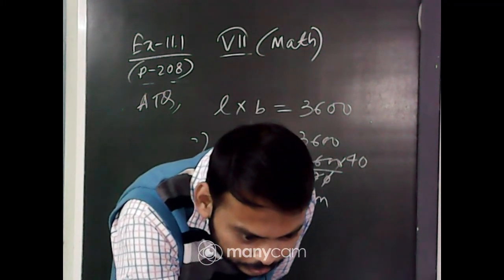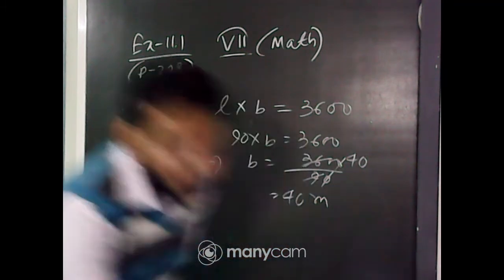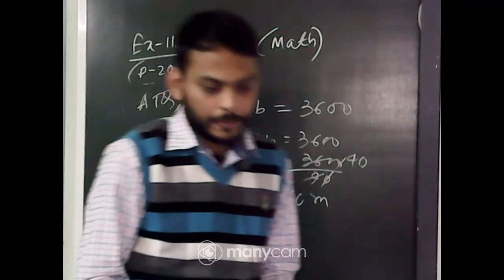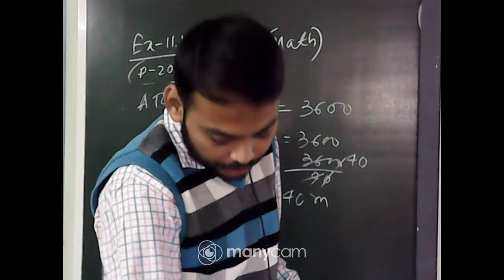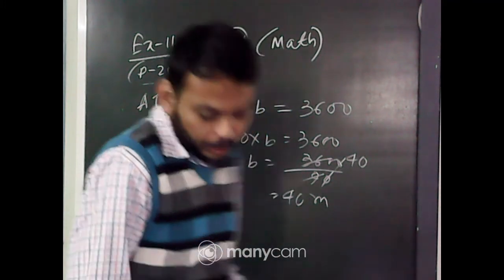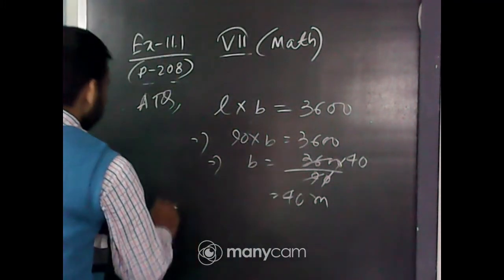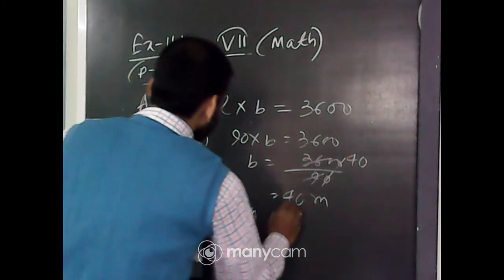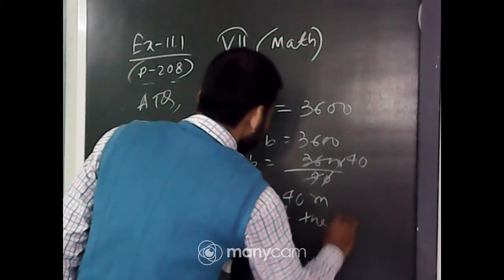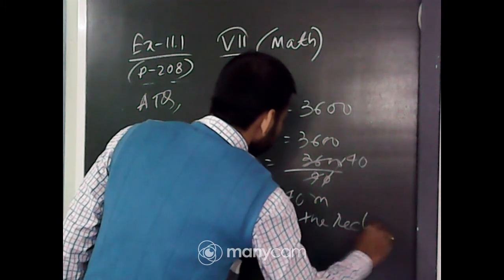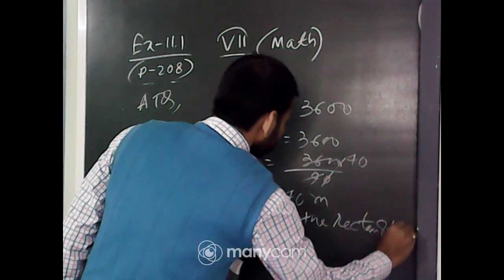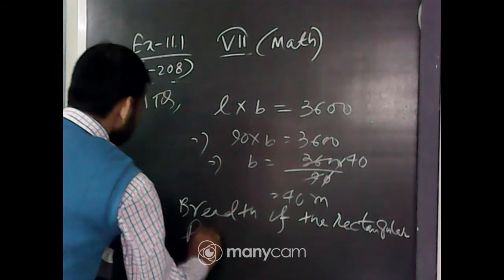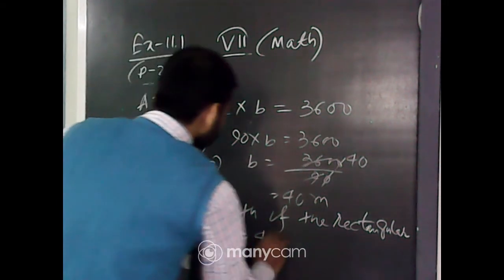Adrita, Anuruddha, Rik, very good. So just write the answer. Therefore, breadth of the rectangular park equals 40 meter.